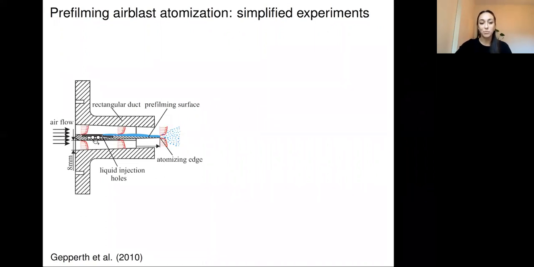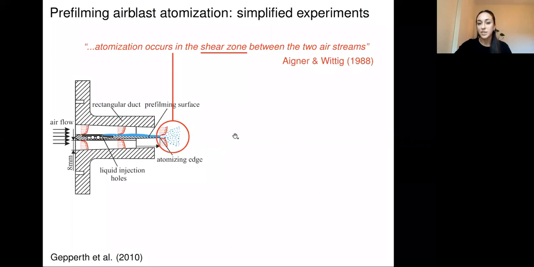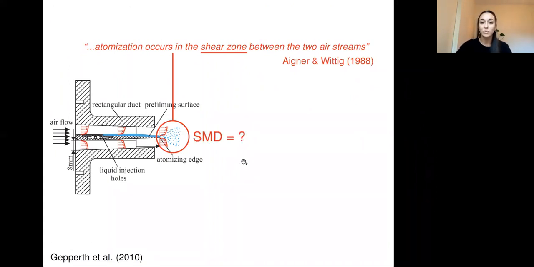Now, what's actually happening here is, obviously, we have turbulent boundary layers forming on either side of this atomizer. And we see here at the end, if we zoom in, that atomization occurs in this shear zone between the two airstreams. Now, what manufacturers really want to know is something called the SMD, the Sauter mean diameter, which basically describes the spectrum, or the average size, of the droplets that you get into the combustion chamber.